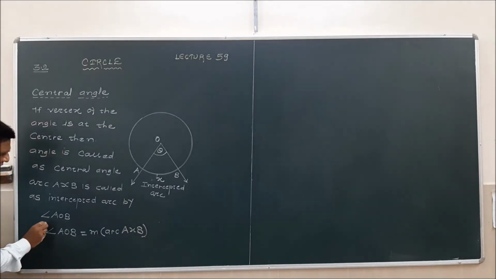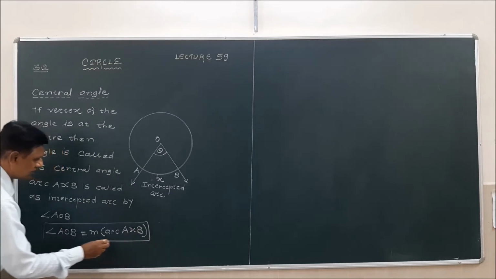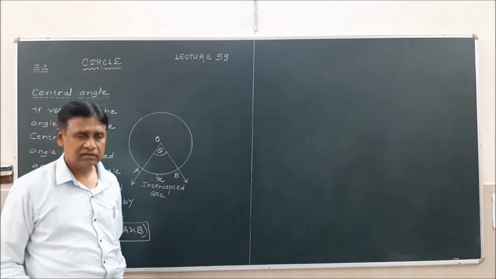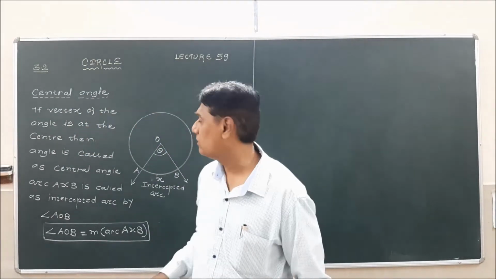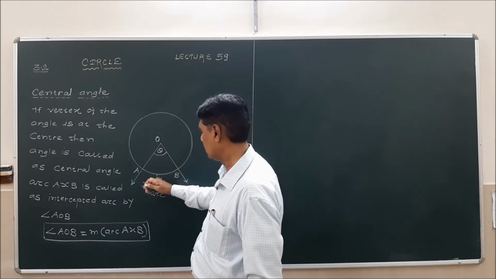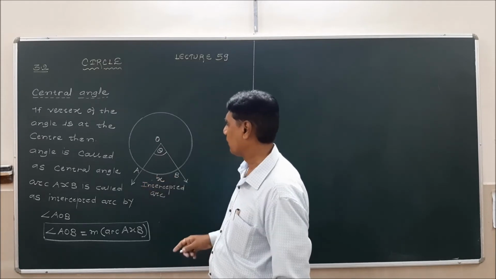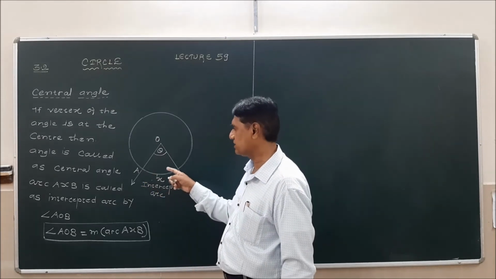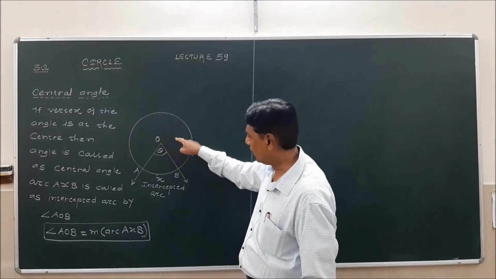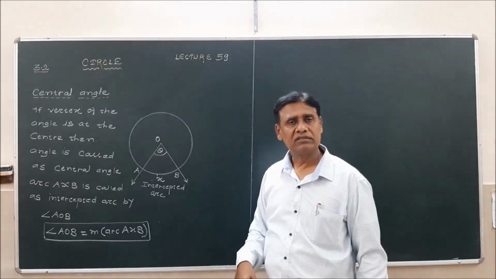This is a very important reason. As far as the central angle is concerned, it is very important to understand that the measure of the central angle is always equal to the measure of the intercepted arc. If arc AXB is given as 30, then this angle is also 30. And the sum of all angles at the center is always 360.